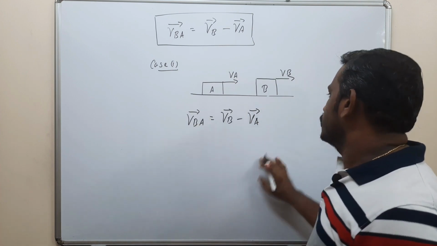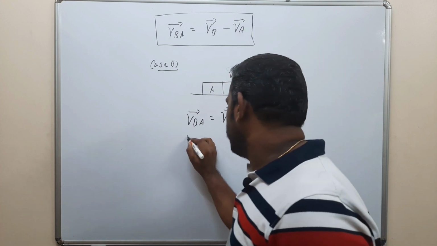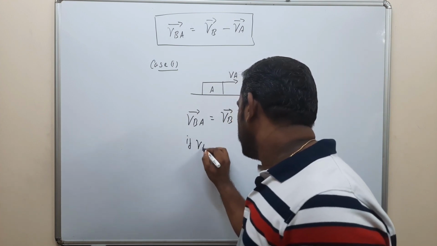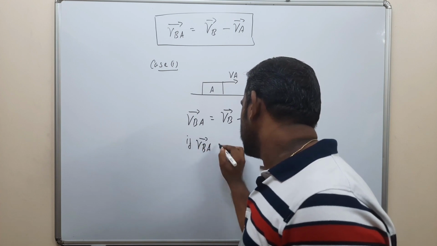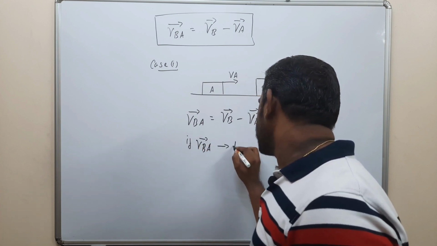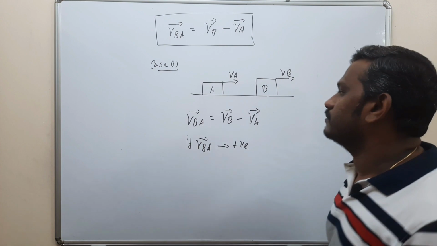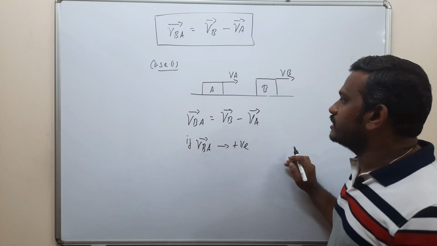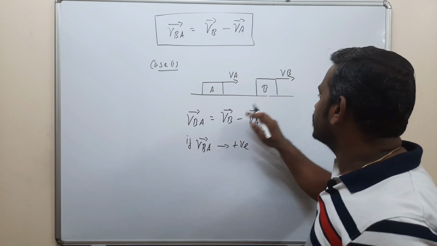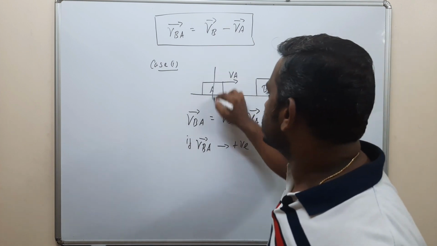So if v_BA vector is positive, what is the meaning of positive? It is the velocity of B with respect to A, because A is the observer.